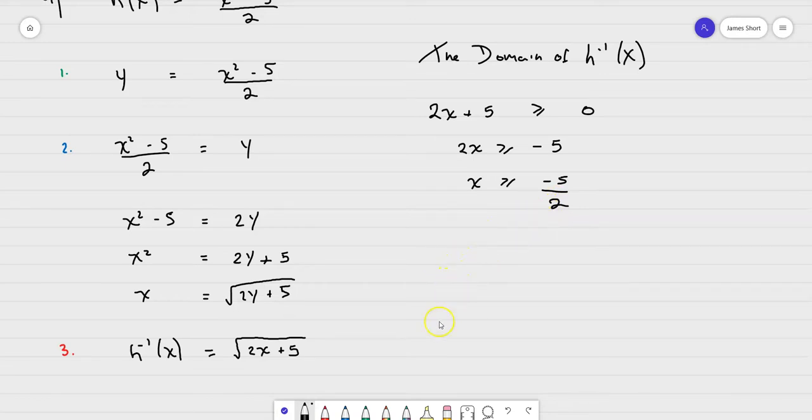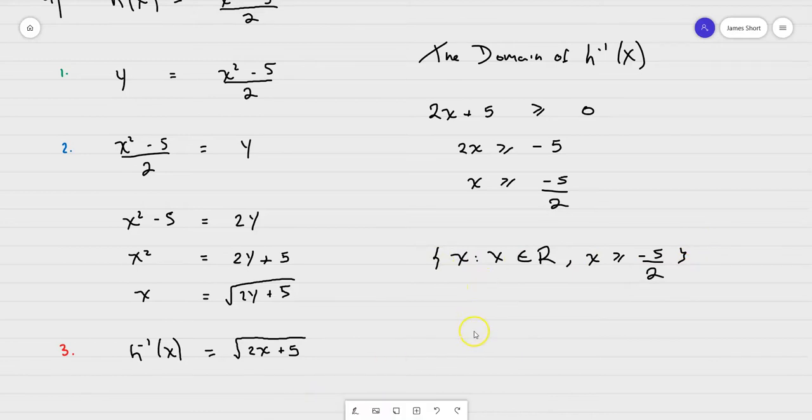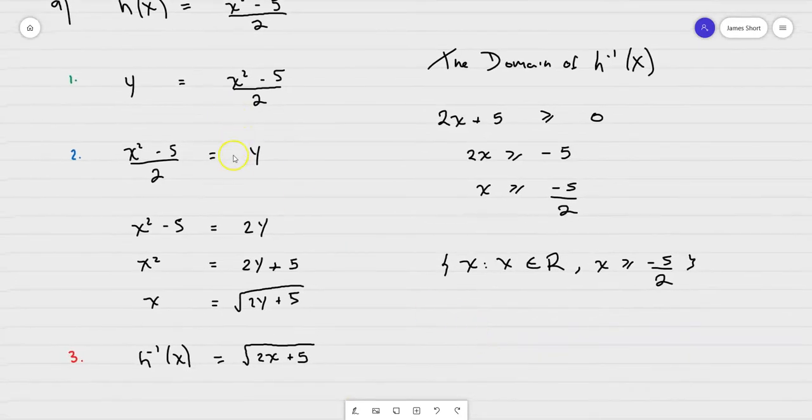So we finish this off by saying x contains all the real numbers such that x is greater than or equal to minus 5 over 2. Okay, so this is part A. There are 4 marks there: 1 mark for each of these steps.